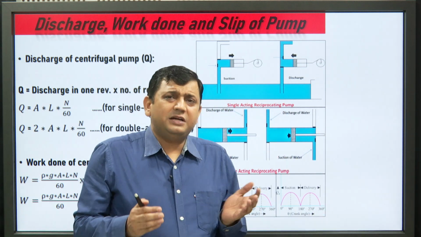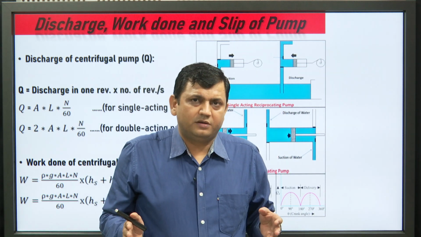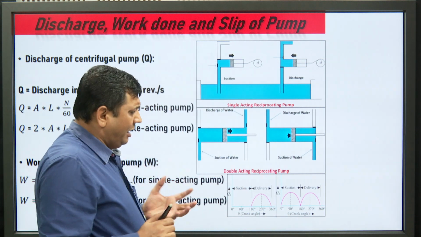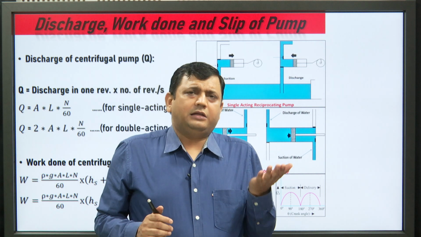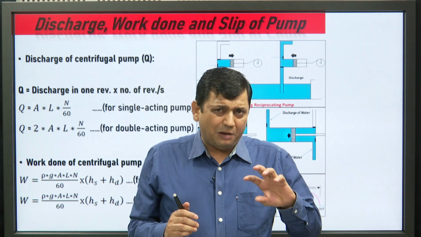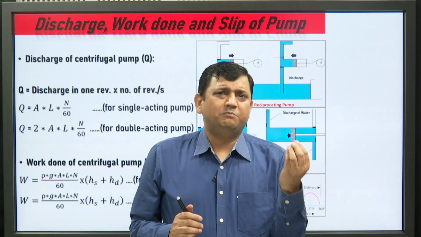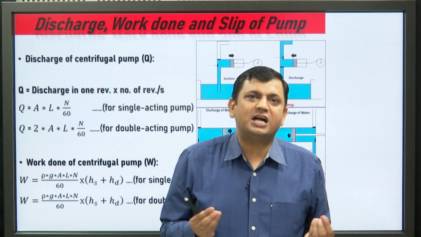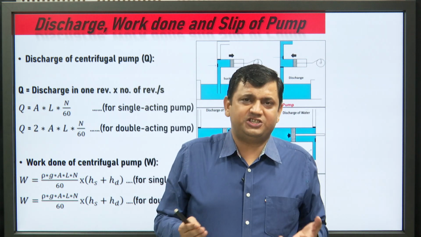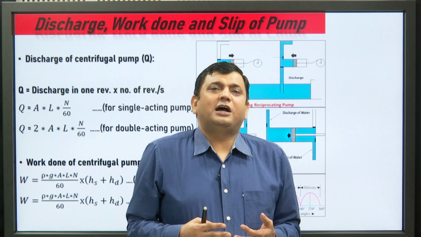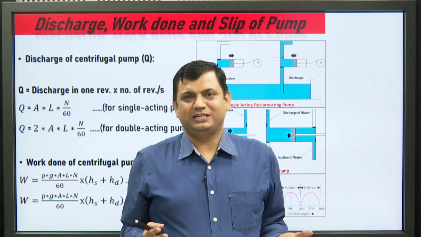In the case of the pump, it is power absorbing, so mechanical power is converted into hydraulic power, meaning the output is in the form of discharge. So, in the case of a reciprocating pump, how do we calculate discharge?